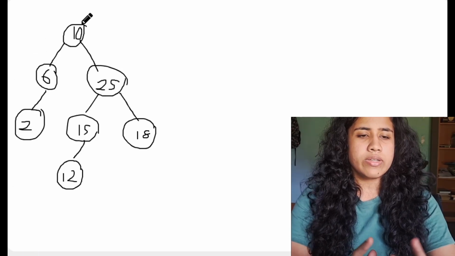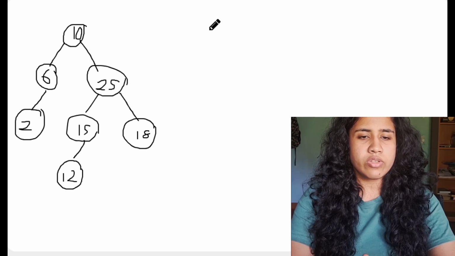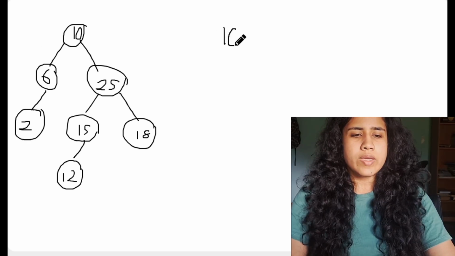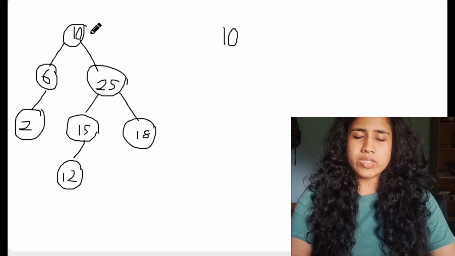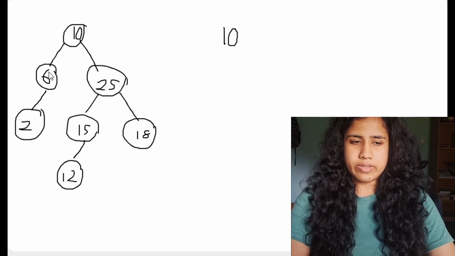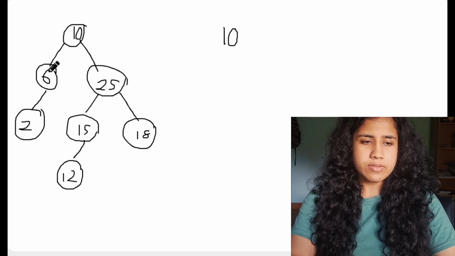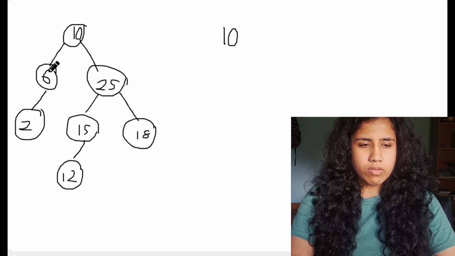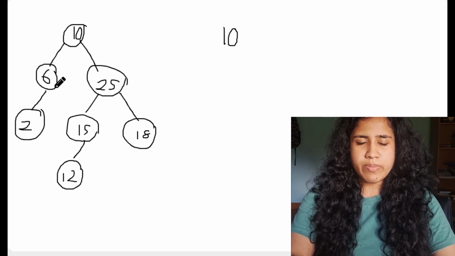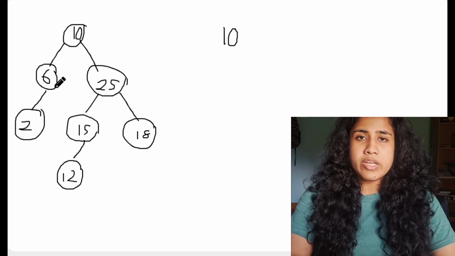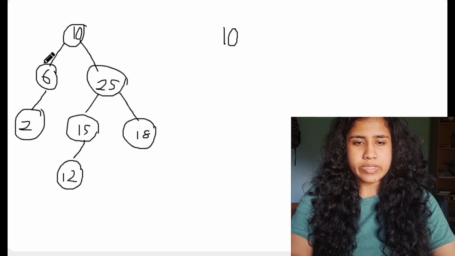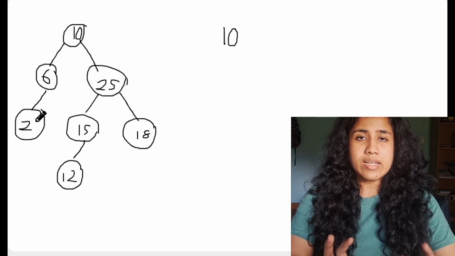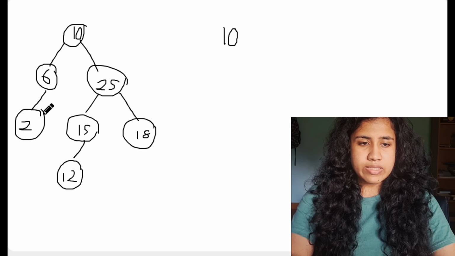So now we have 10, 25, 15, 6, 2, 12, 18. So here we have the binary search tree. First we'll write it in the pre-order traversal. As I mentioned before, you must remember that in pre-order we first write the root node, so 10, then we go to the left child, which means 6.